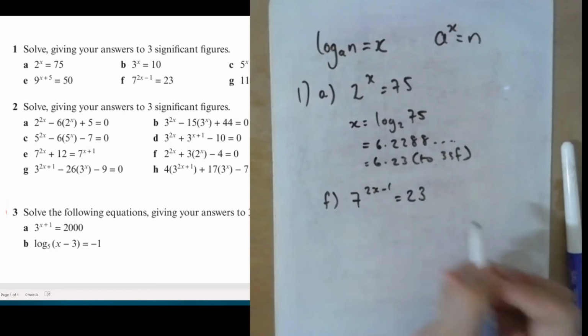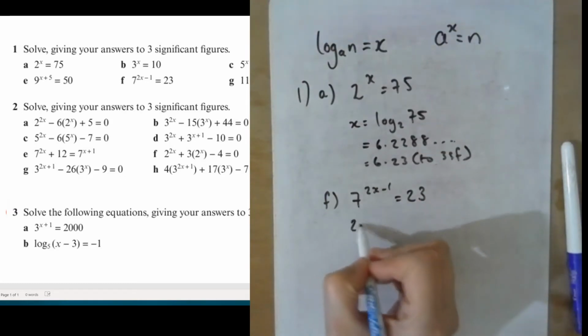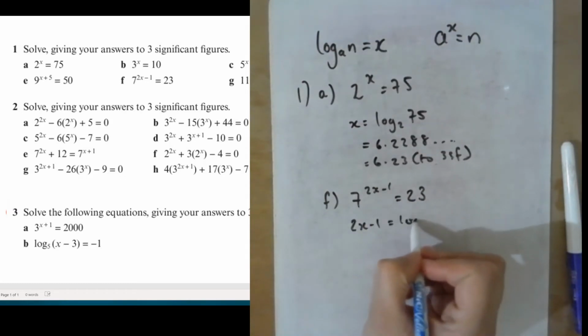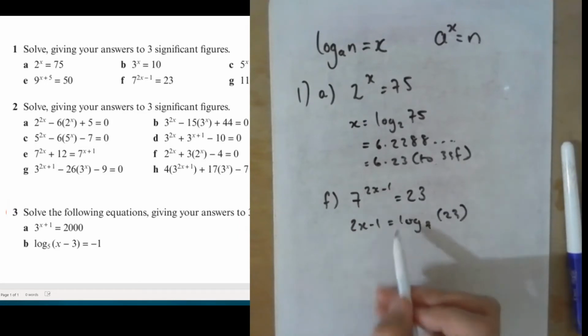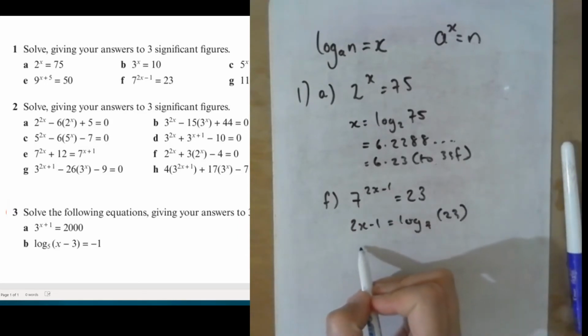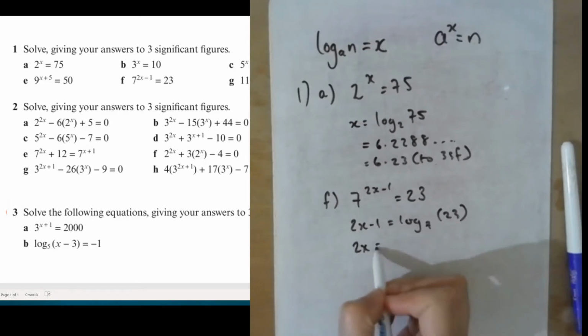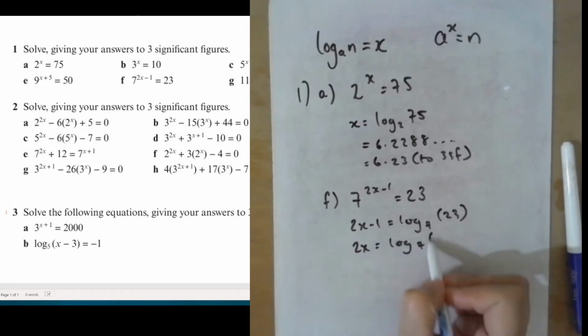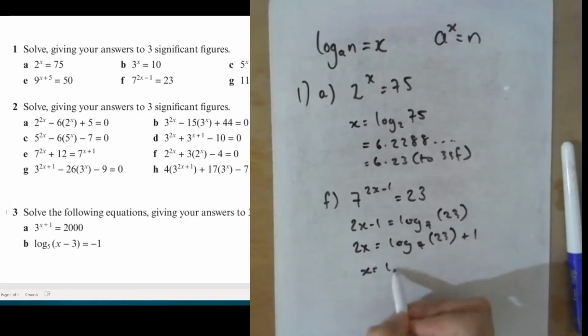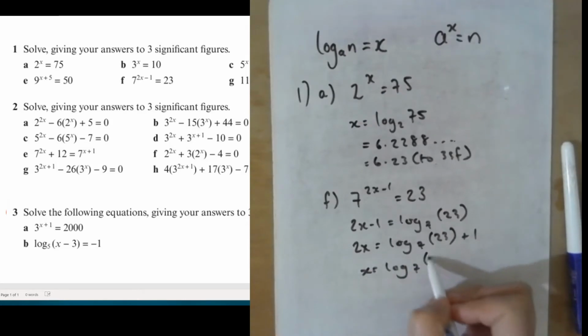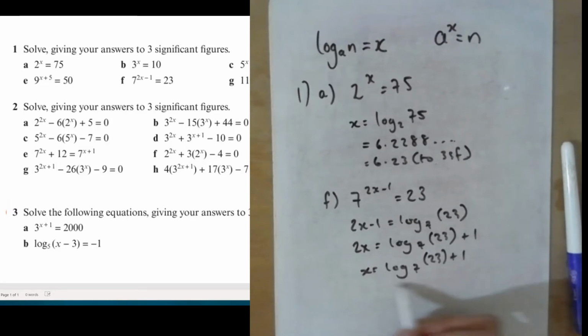Then I'll just do f, which is 7 to the power of 2x minus 1 equals 23. So that's 2x minus 1 is log base 7 of 23. Then just going to rearrange this to put x as the subject. So you've got 2x equals log base 7 of 23 plus 1, so x equals log base 7 of 23 plus 1, all over 2.